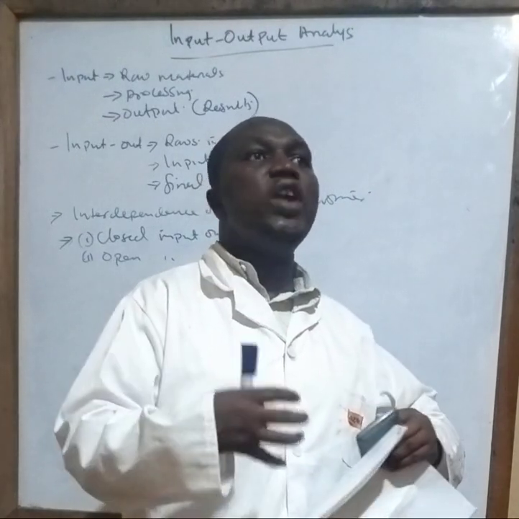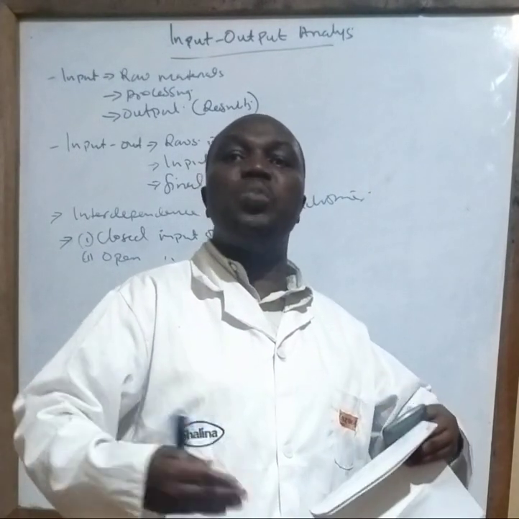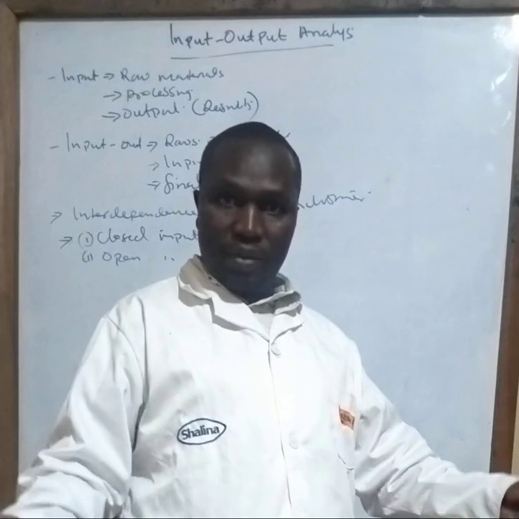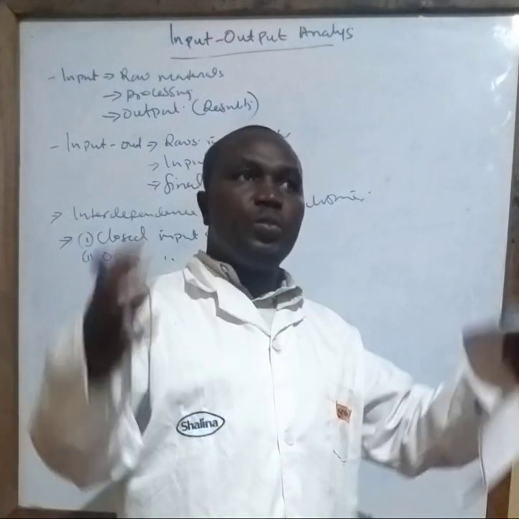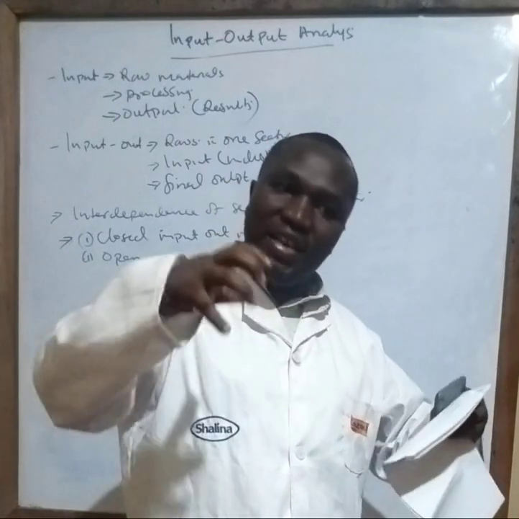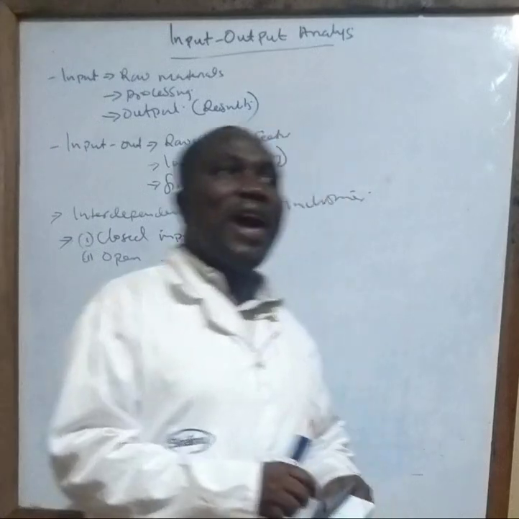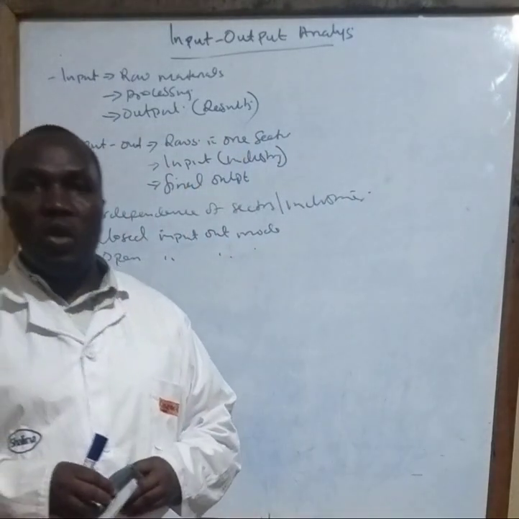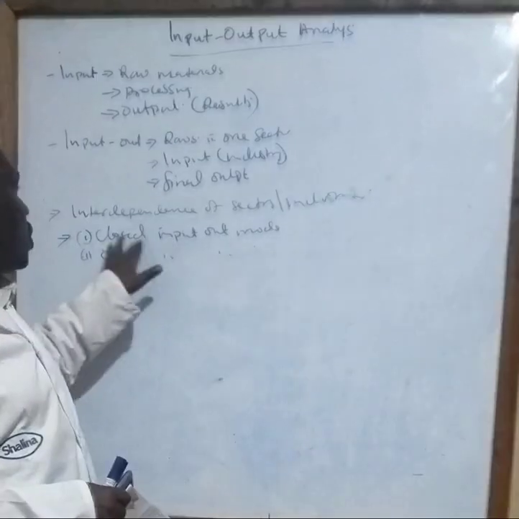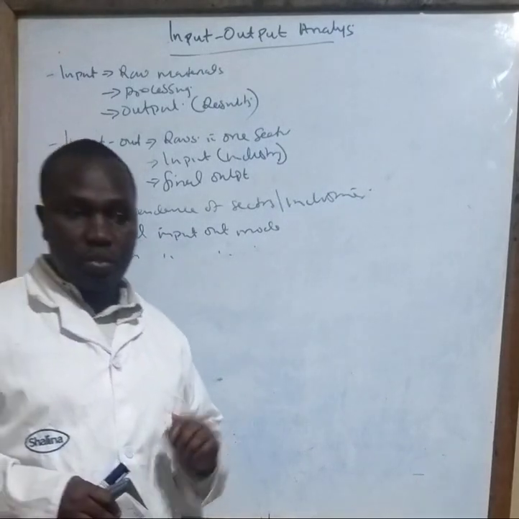So there is no product that is left out to be consumed by external parties. If all the output is consumed by the interrelated industries or sectors, that type of input-output model is what they call the closed input-output model.